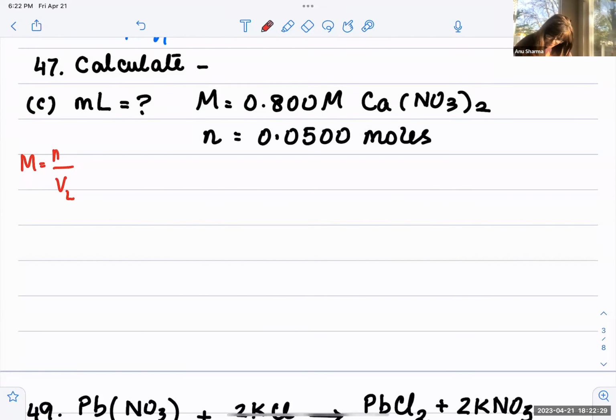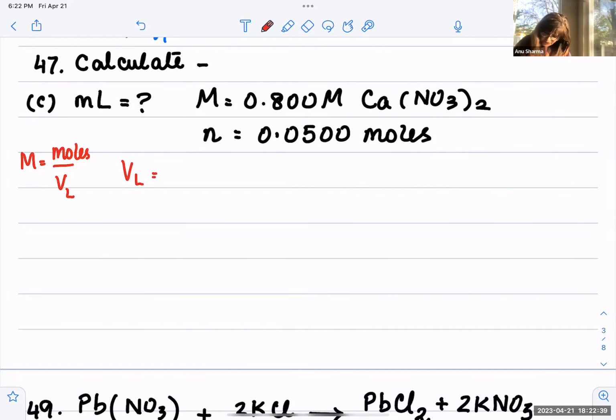Moles per liter. Now here we need to find the volume. So volume in liters is equal to the given moles over the molarity. This is going to give you the volume in liters.